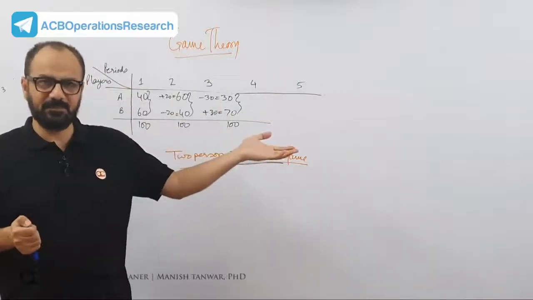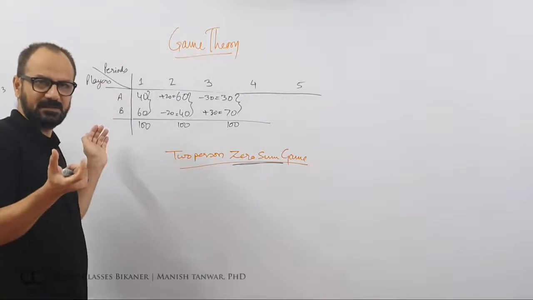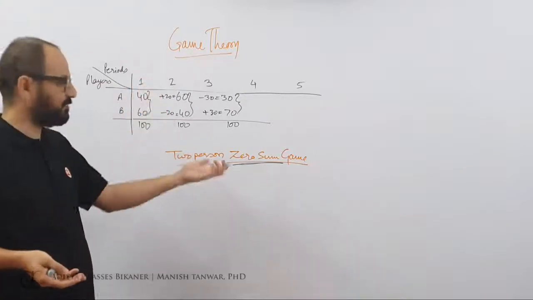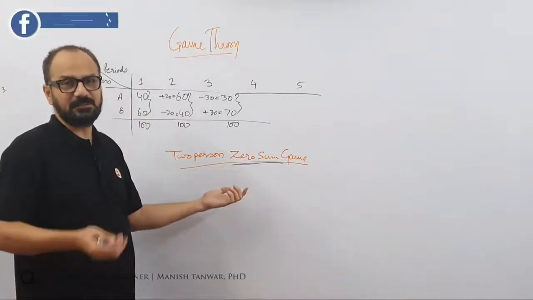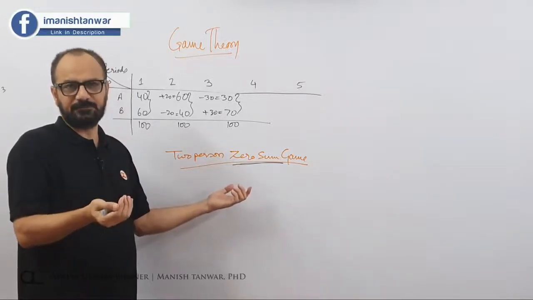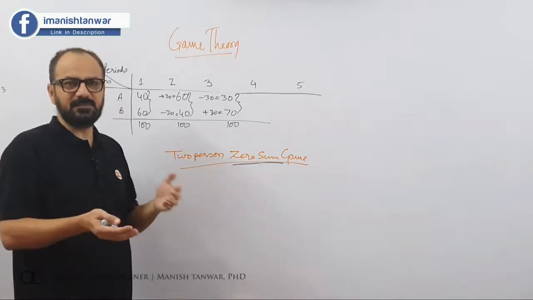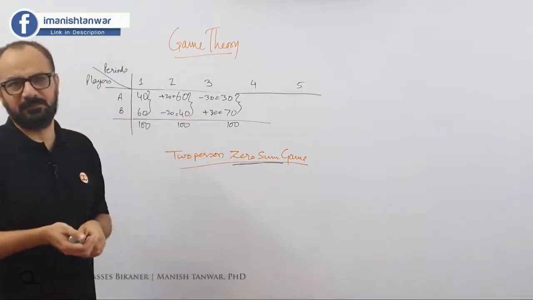In the previous example where we had 3 players, there also we saw there can be zero sum games. In 20 players also there can be zero sum games. Zero sum means that the transactions or gains are equal to losses, because the net will be 0. While 2x2 means we are limited to 2 players.